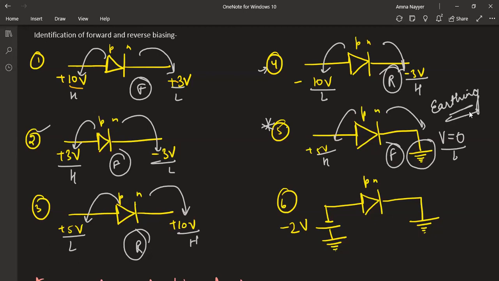When we were doing electrostatics, at that time we discussed it. And here also -2, this is 0. Now 0 is lesser than 5 volt, but greater than -2. So this is lower, this is higher, so this is reverse. Like this you identify. Quickly note it down. Then we'll see how in circuits reverse and forward biasings are used.